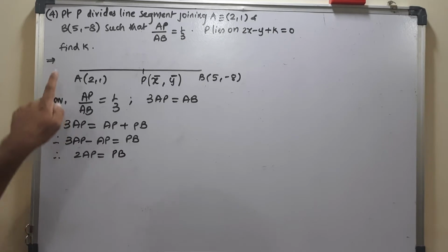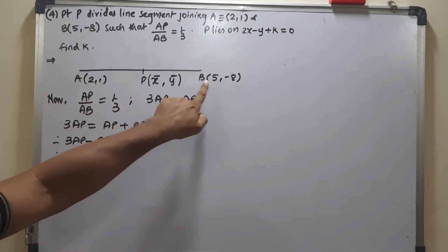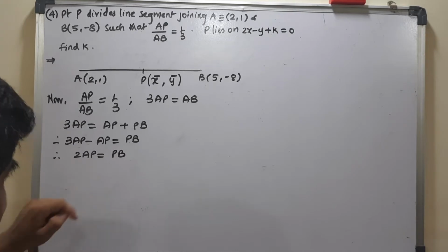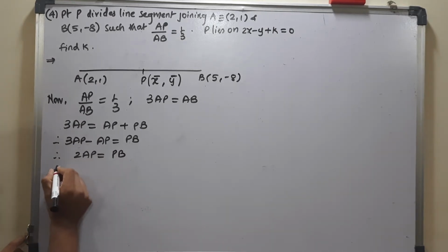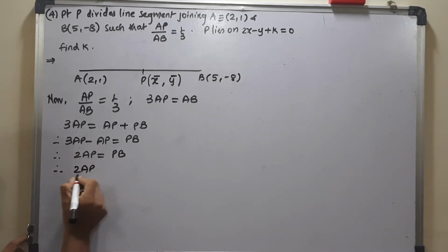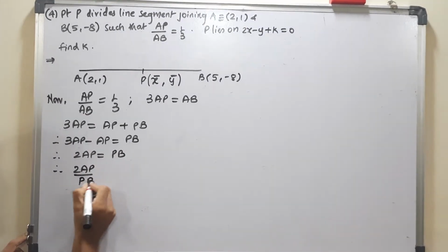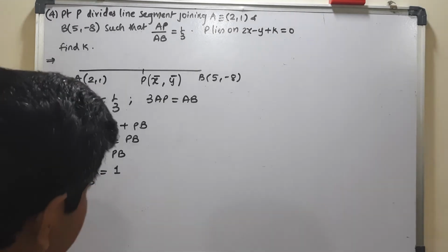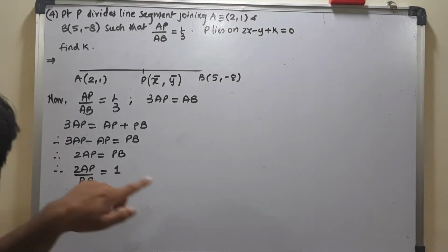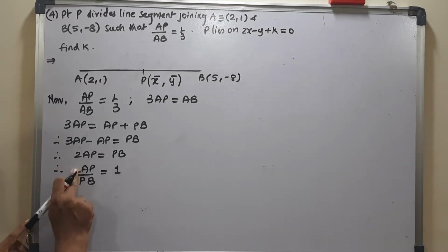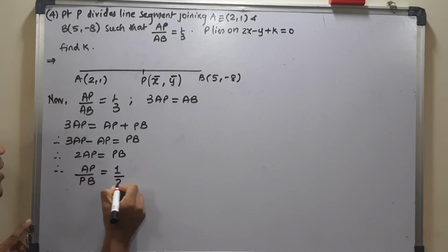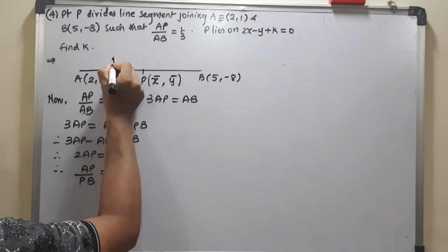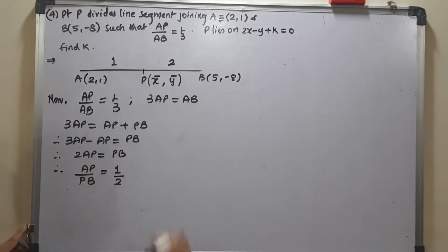That means the ratio of AP is to PB, if I want to take, this PB must come down. So 2AP is to PB, and here nothing will remain, that is 1. Now this 2 is in the form of multiplication, so it will transfer to the other side and become 1 is to 2. That means the ratio of division is 1 is to 2.